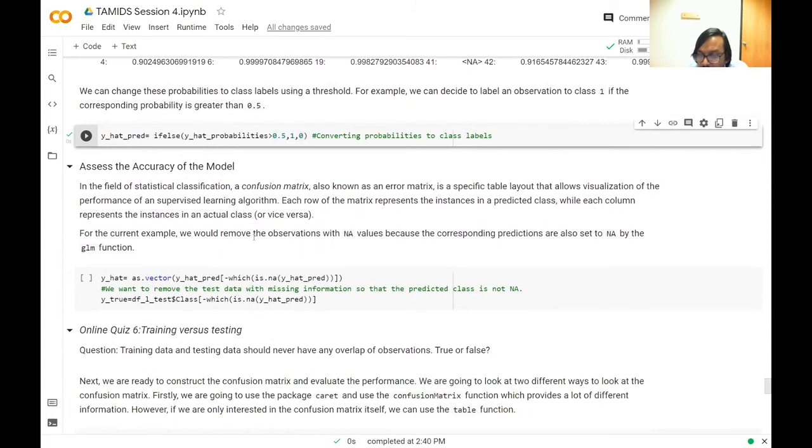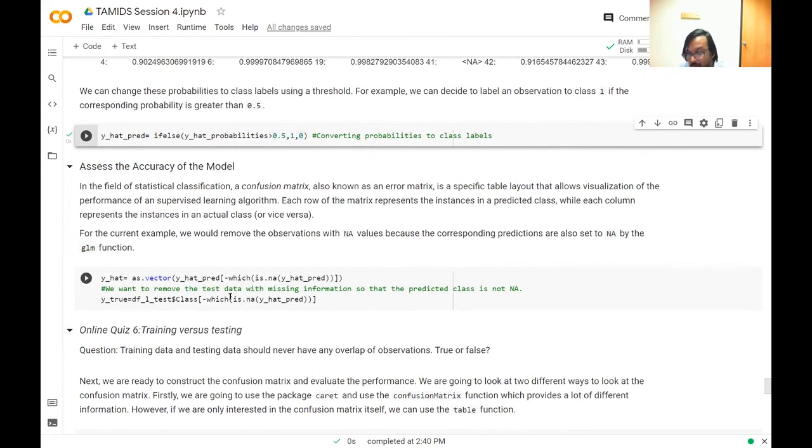In the current example, first of all, let us remove the observations with NA values because the corresponding predictions are also set to NA in the GLM function. So we remove whichever observations are NA, and you can check which of the values in the vector y hat pred is NA by the is.na option.